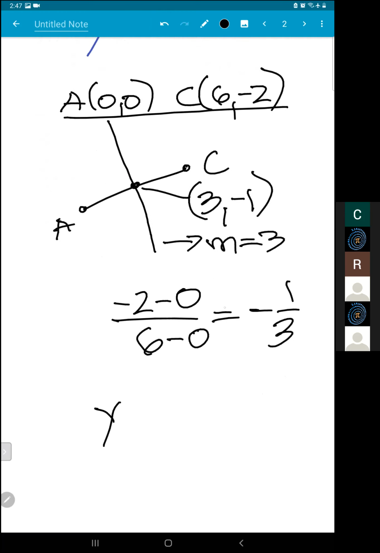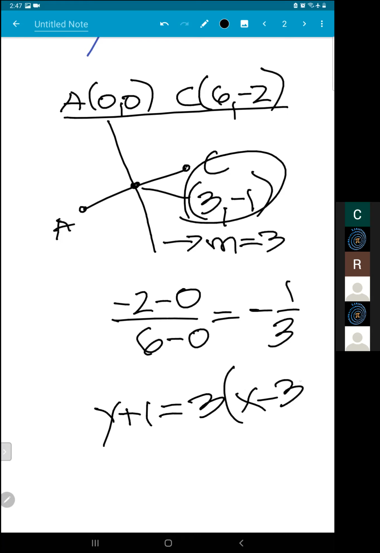Then point slope form with this as the point. y minus negative 1 equals 3 times x minus 3. So y equals 3x minus 9 minus 1.